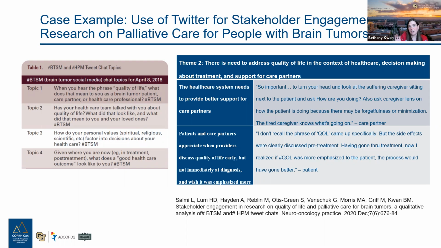There was a quote here from someone identified as a care partner; Symplur is able to tell you what kind of person this is. The tweet said, it was so important to turn your head and look at the suffering caregiver sitting next to the patient and ask, how are you doing?